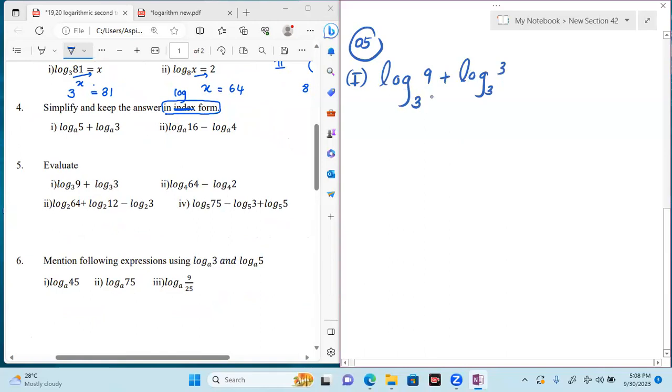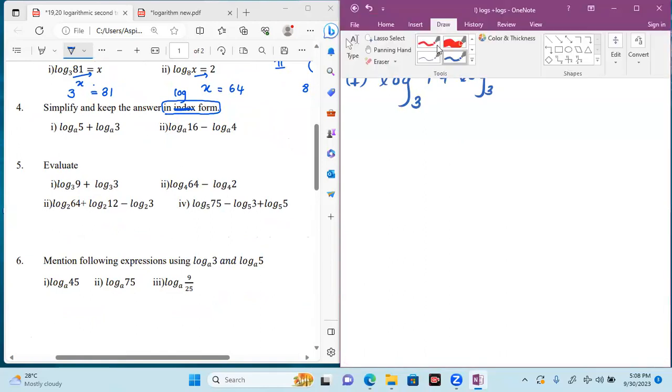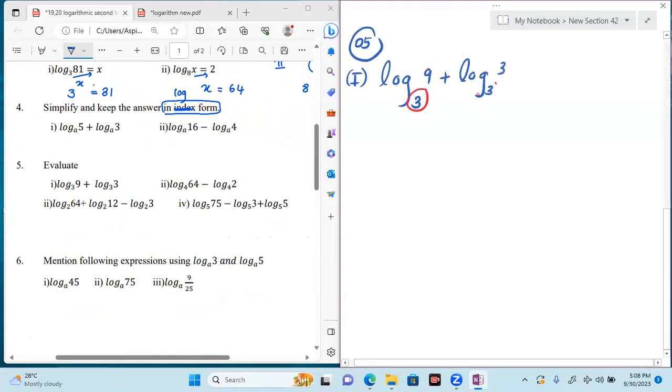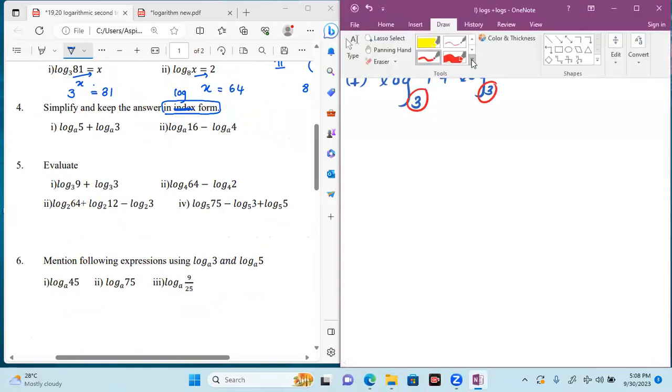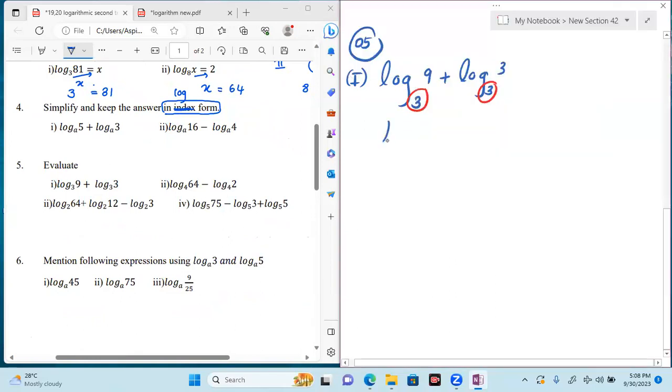Okay, so now you can see that the bases are equal. Then we can express this addition as a product, 9 times 3. Then it is logarithm of 27 to the base 3.